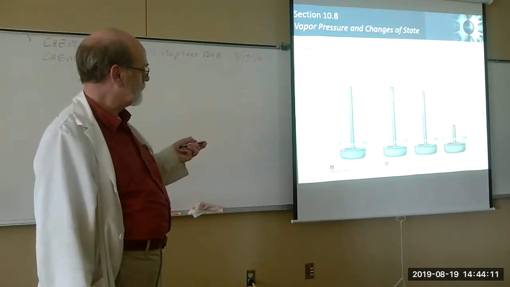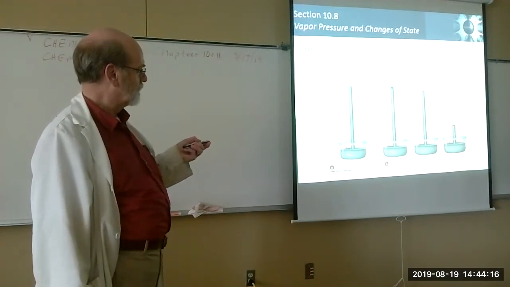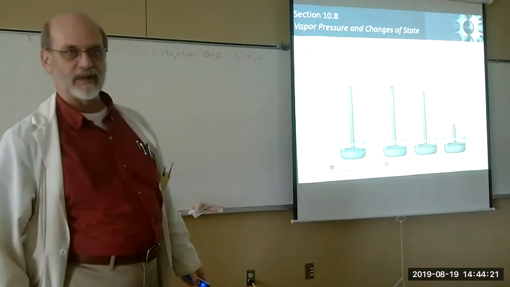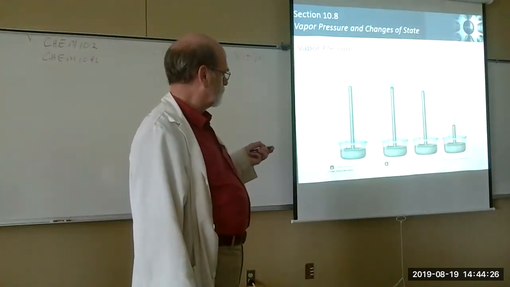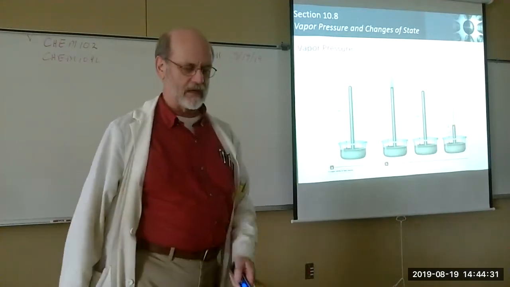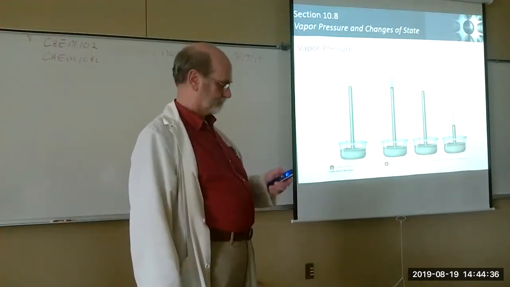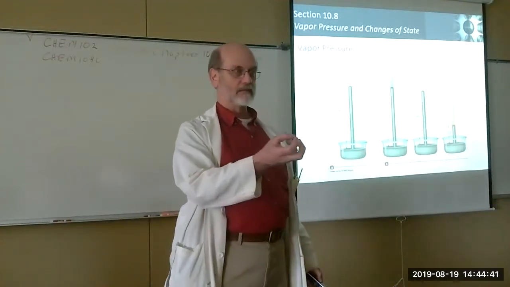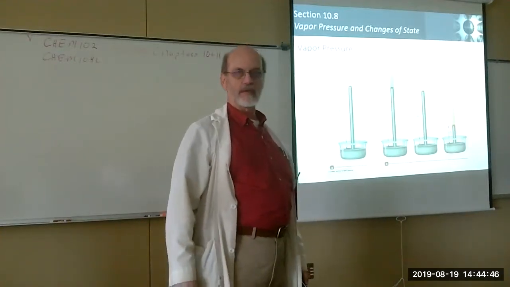If you put ethanol up there, it'll decrease the column height by 65 millimeters. And if you put ether, it'll decrease the column by 545 millimeters. So the more volatile, the more vapor pressure, and the less polar will have a higher vapor pressure, because there's nothing holding the molecule in the liquid phase. It might just as soon be gas as liquid if there's nothing holding it behind.